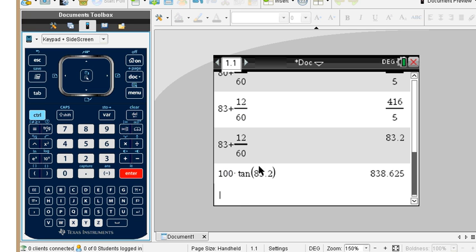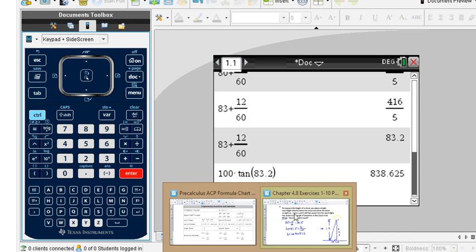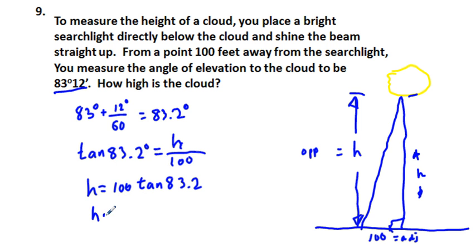We get, rounded to the nearest three significant figures, the nearest foot, 839 feet. So we say 839 feet off the ground, and I think that's going to be right. That really makes sense.